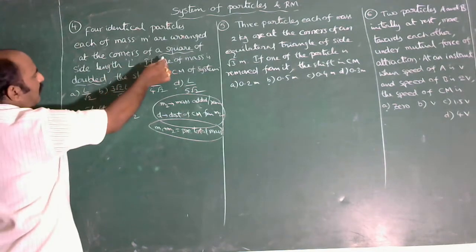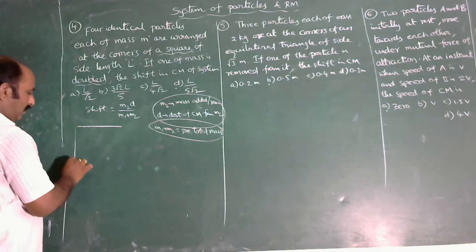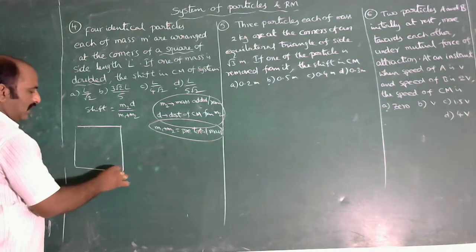Now the square is given like that. Four corners are there.